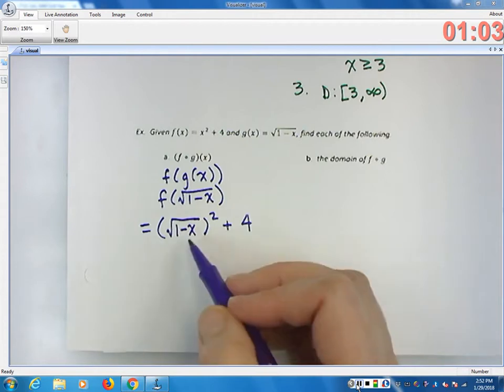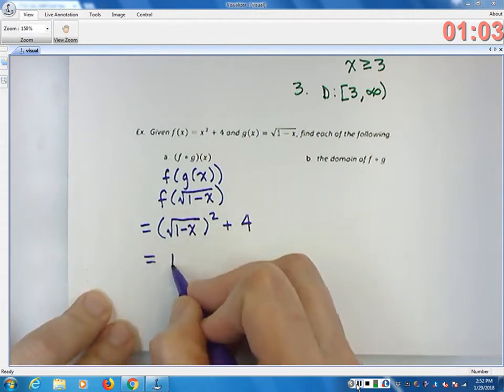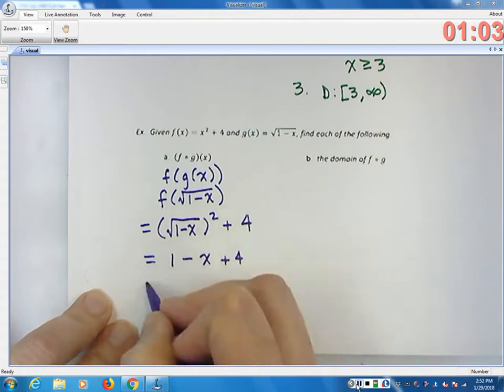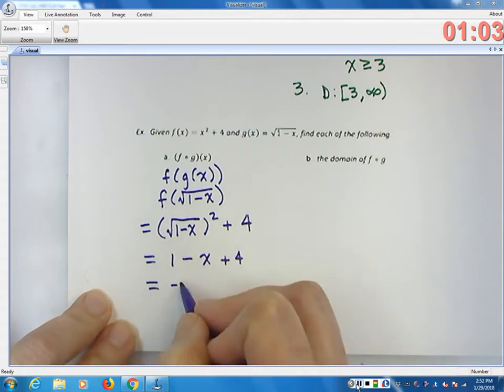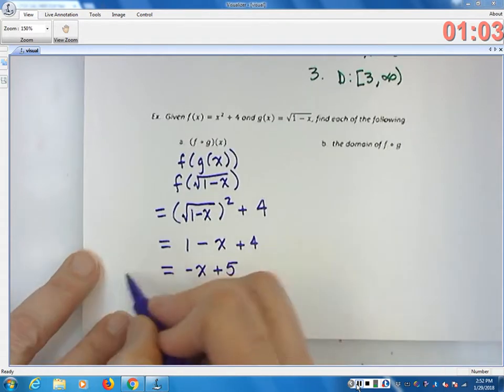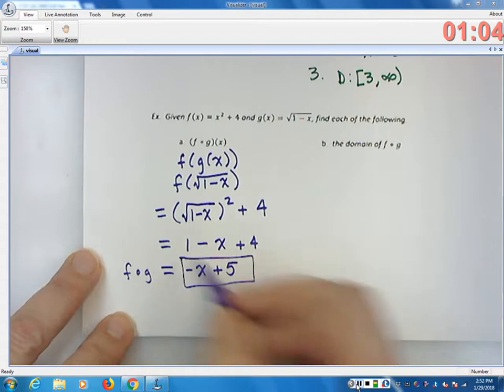When you square a square root, those undo each other and you're left with 1 minus x plus 4. So you get negative x plus 5. Your simplified f composite g is that.